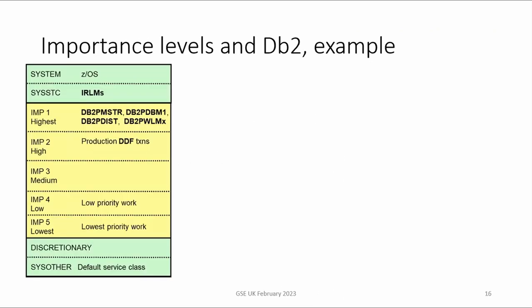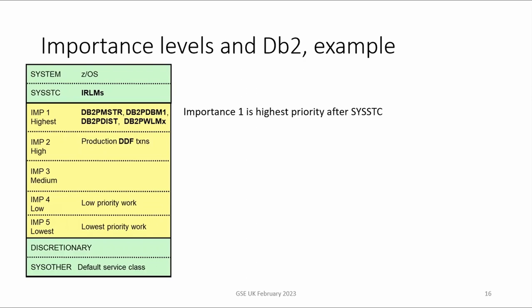Now I'm going to apply this to DB2. We put the IRLMs up in SYSSTC because of the nature of the IRLM, right? It doesn't do IO, right? It gets messages and it has to process those lock requests very quickly and return quickly. So we want it running as fast as it can. DB2 is doing IO, and IO is better managed in service classes with importance 1 through 5.